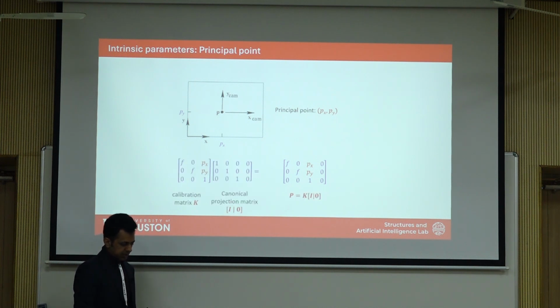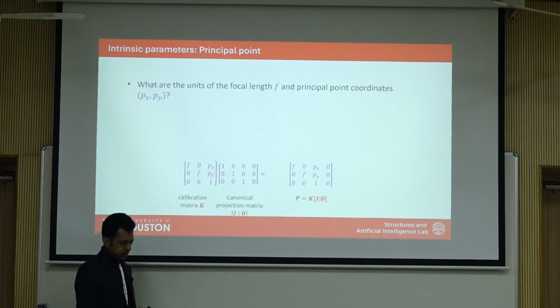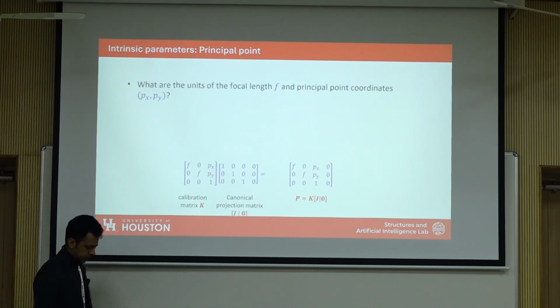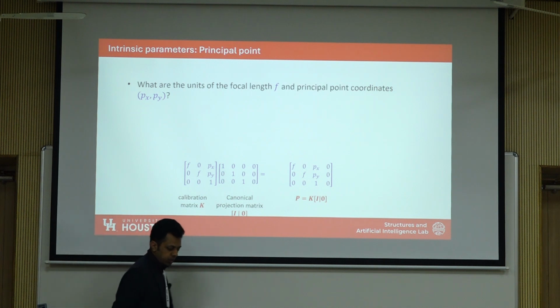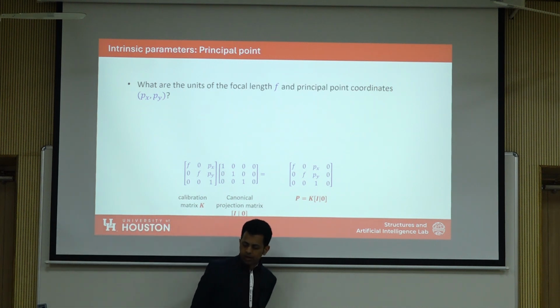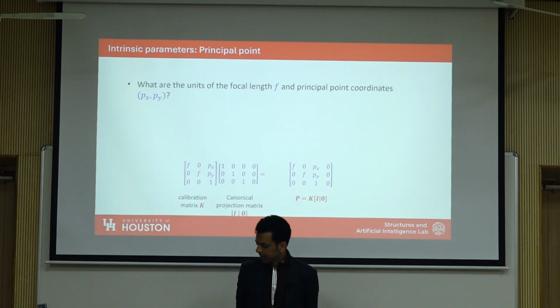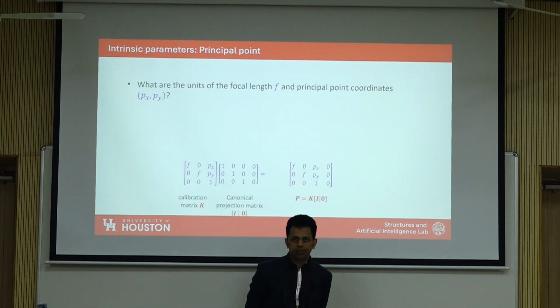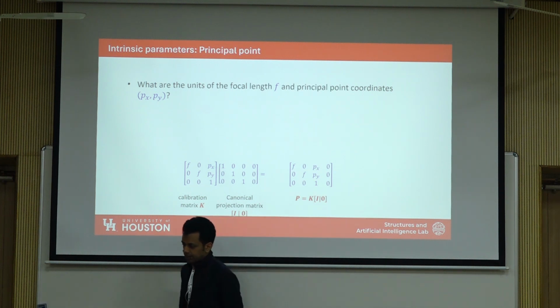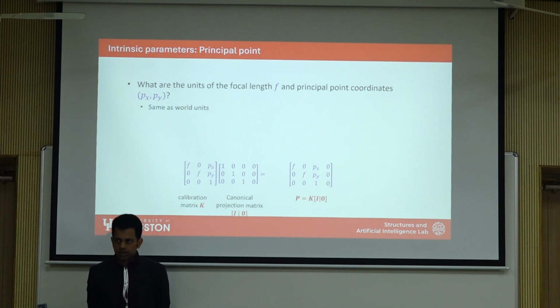So we can see that expression here. Now, we also need to take into account the units. So what are the units of focal length and the principal point coordinates px and py? Yeah.